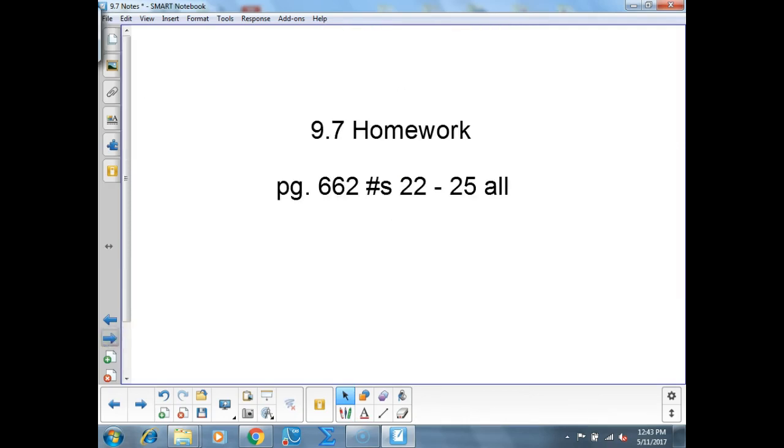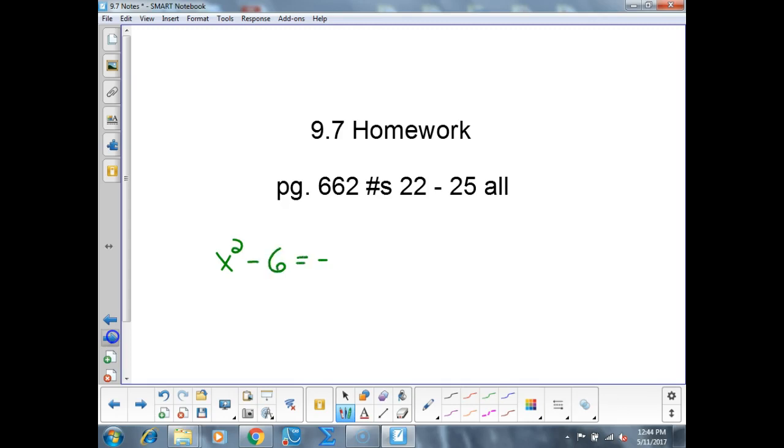Now, one of the homework problems had something along the lines of x squared minus 6 equals negative 2 as one of the two equations. Correct? Okay. Why would I add 2 to both sides? Why wouldn't I add 6 to both sides?